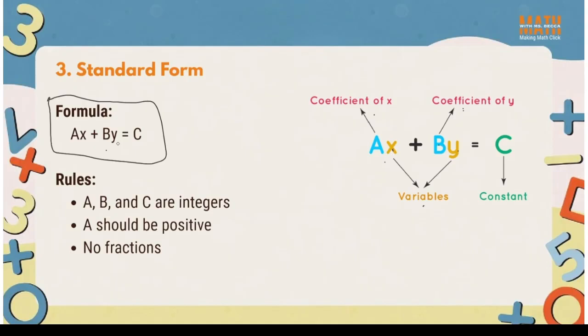So the rules for writing a linear equation in standard form are that a, b, and c must be integers, a should be positive, and there must be no fractions. A must be positive. That means after solving it, if you get a negative value for a, you must multiply through so that a will become positive.